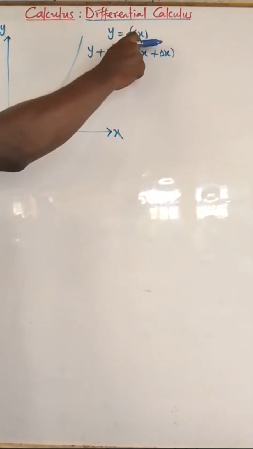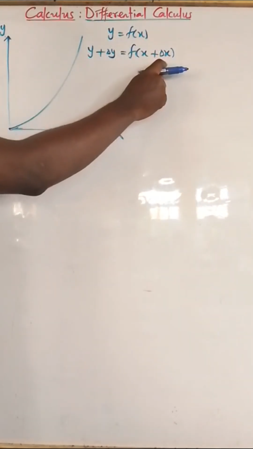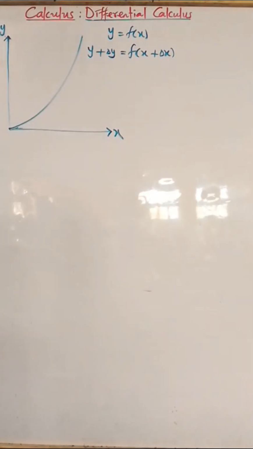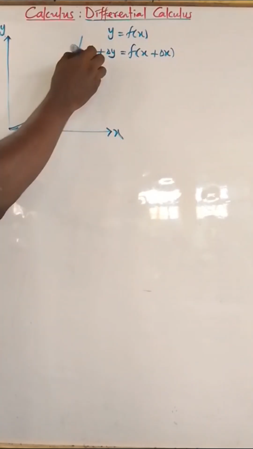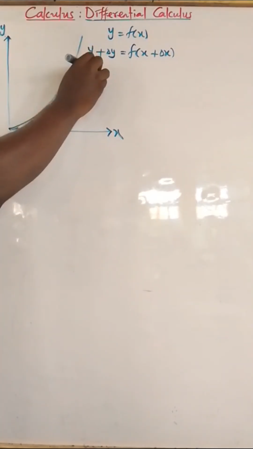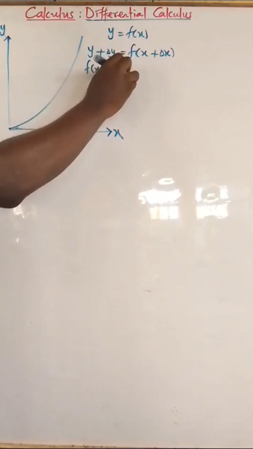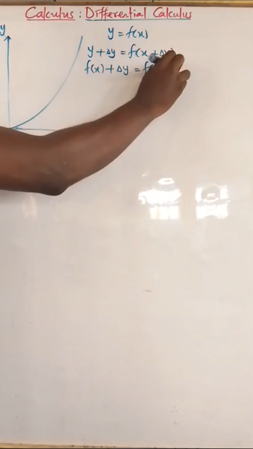And our main aim is to get the gradient, which is change in y to change in x. We know that y itself is f of x, so we can replace y with f of x. So f of x plus change in y equals f of x plus change in x.